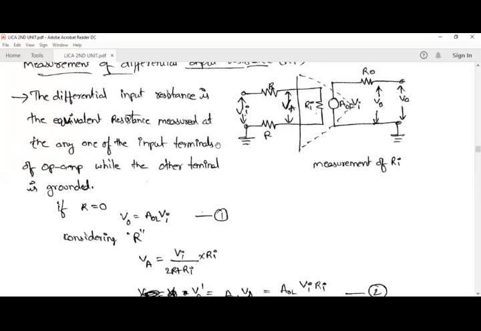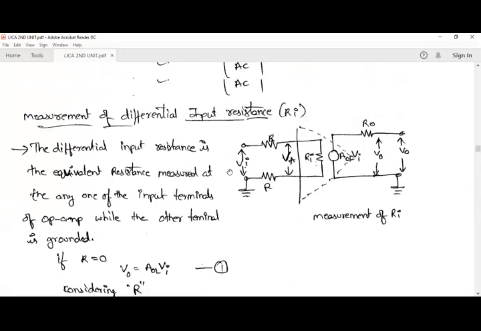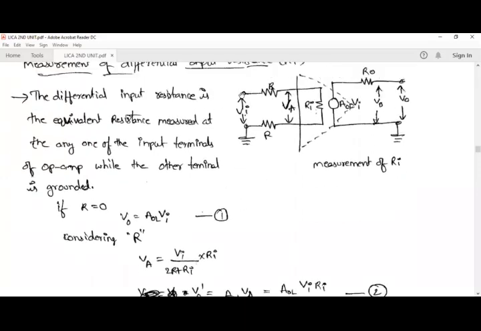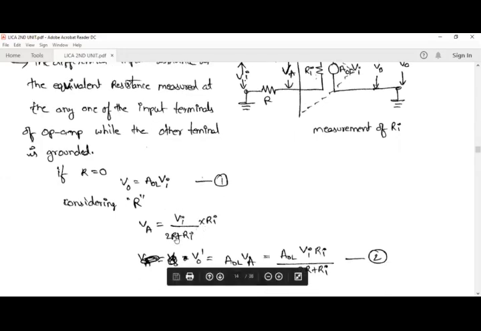Voltage at this node: Va is equal to the source voltage into the opposite resistance, that is Ri, divided by the total resistance in this path, R plus Ri plus R. So R plus R is 2R plus Ri. This is the voltage division rule. So Va is equal to Vi into Ri divided by 2R plus Ri.